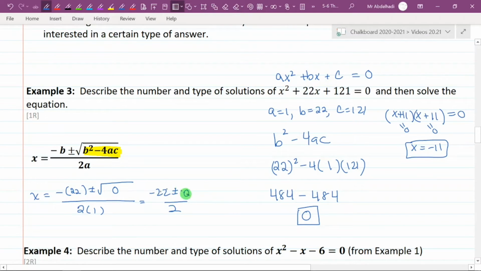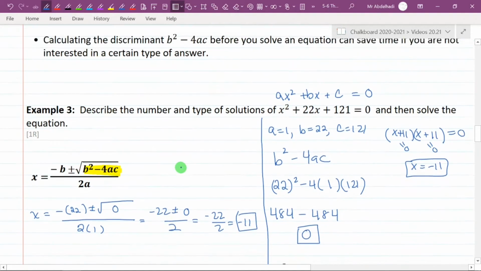Well, plus 0 and minus 0 is the same thing, so this is just negative 22 over 2, and the answer is negative 11. So substitute, simplify, there's no need to split because it's plus and minus 0, and you get your answer. And you can see the answer is the same in both cases. So using the discriminant, this b squared minus 4ac, will save you a lot of work if you use it first.